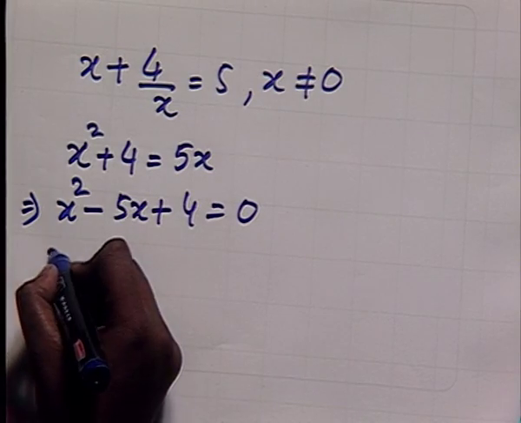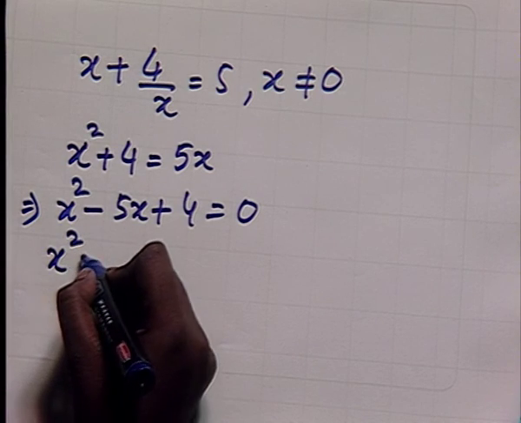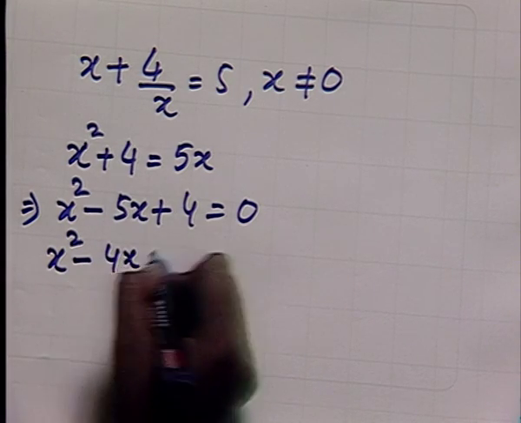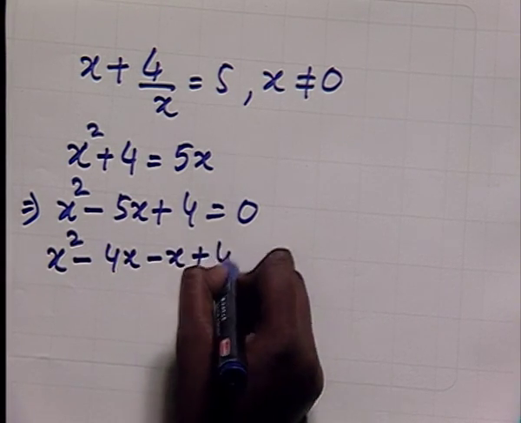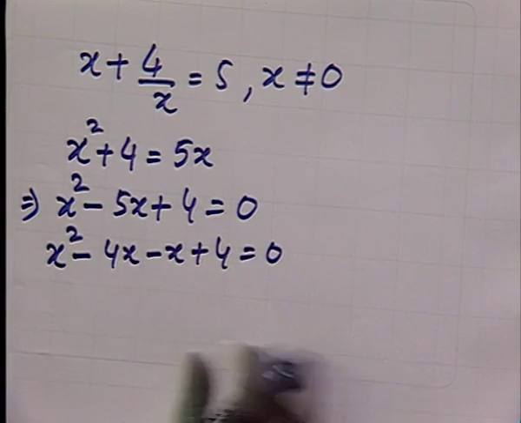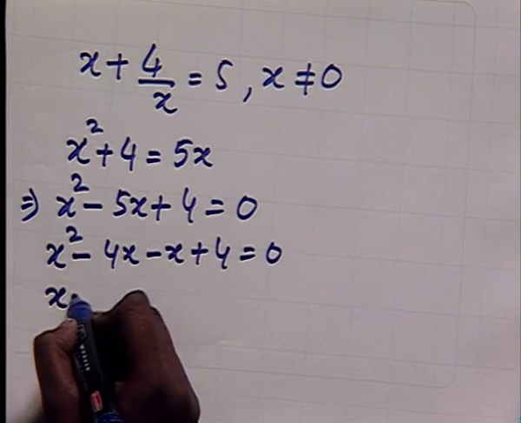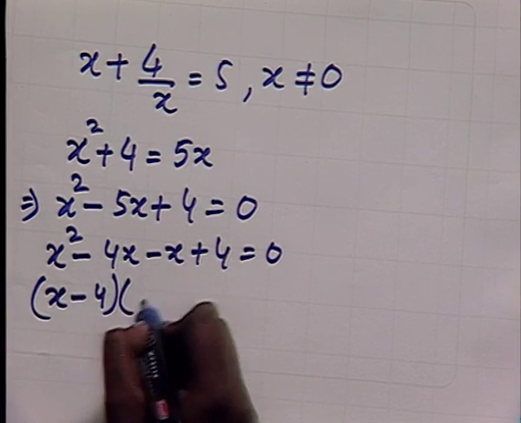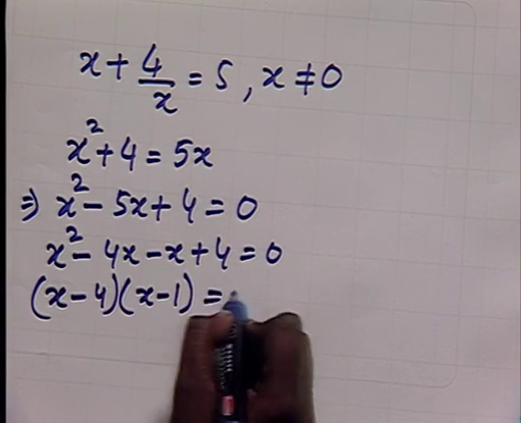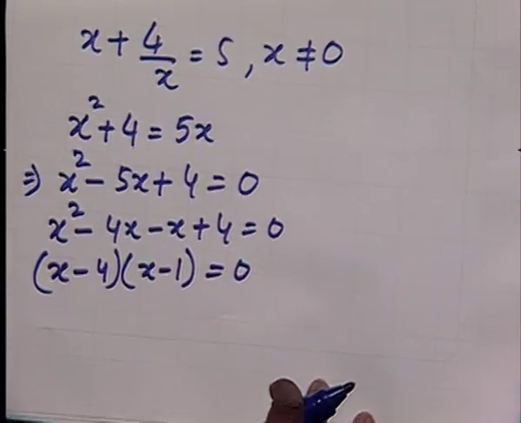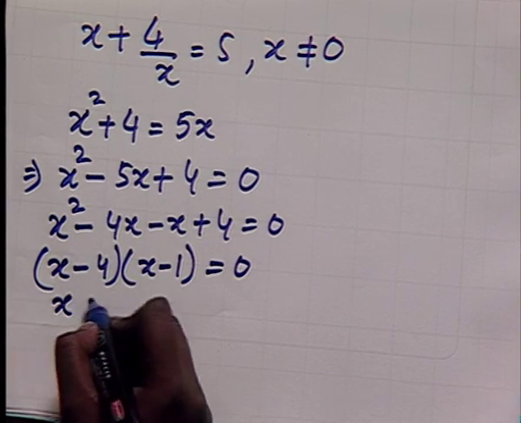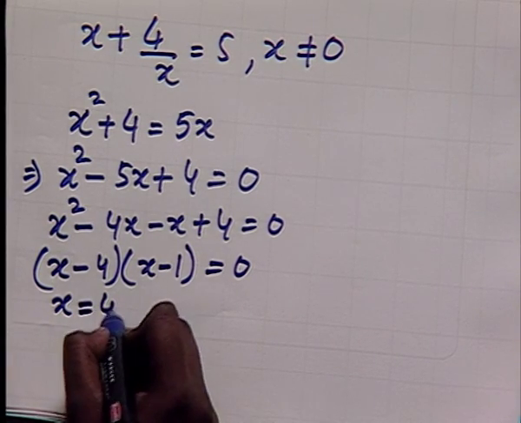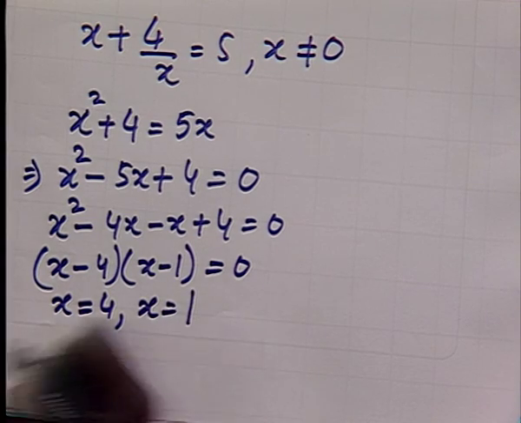Yes, this can be factorized as x square minus 4x minus x plus 4 equal to 0, and the factors are x minus 4 into x minus 1 equal to 0. That gives us the roots of this equation as x equal to 4 and x equal to 1.